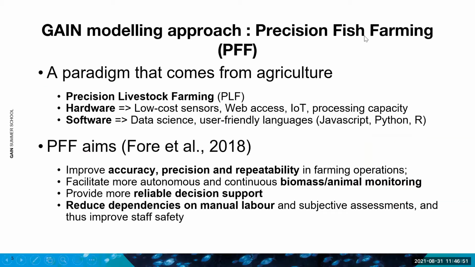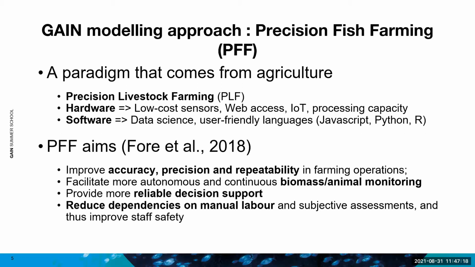A few words also about precision fish farming. As Roberto already told you, it's a paradigm that comes from agriculture, from precision livestock farming. I would add that it is made possible thanks to two elements that regard the hardware and the software.